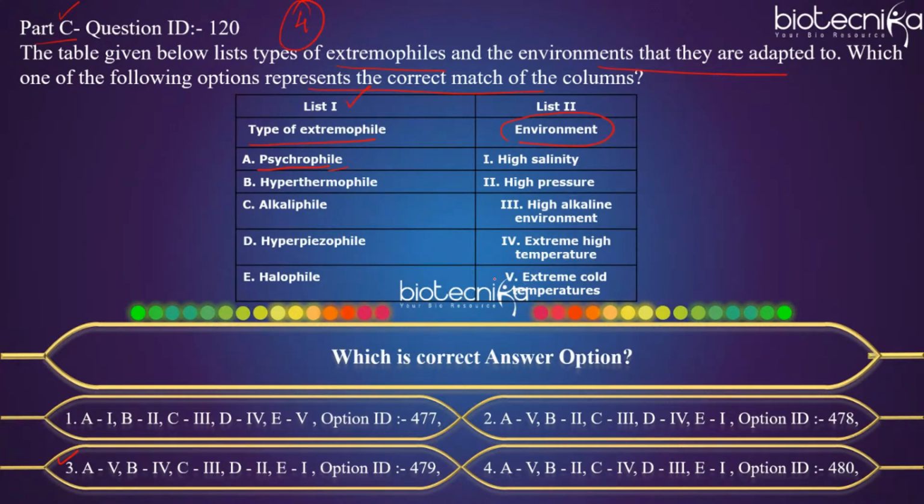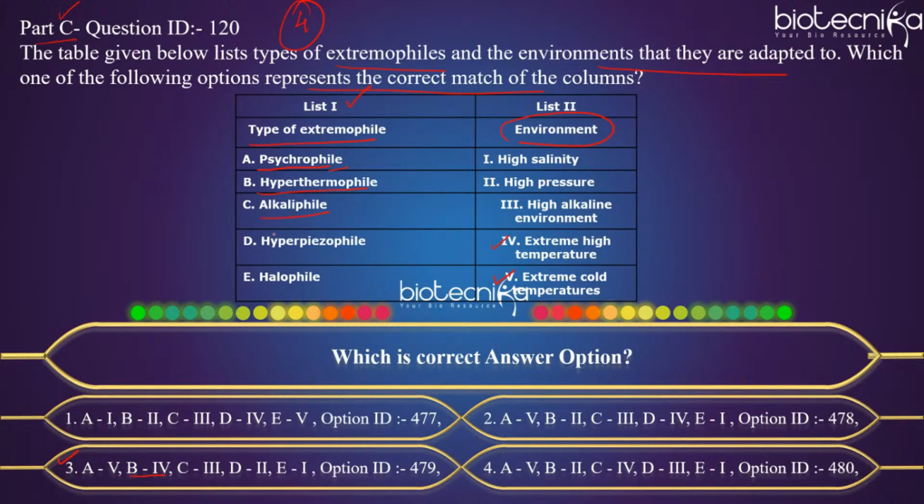So you have to match A with 5. Yes, Zishan, correct, you are absolutely right. Now, hyperthermophile, by the term itself, means the ones that are growing at very extreme high temperatures, right? So B you match with 4. If you know B4, you can see easily there is no other option where B4 is matched. So you get option 3.